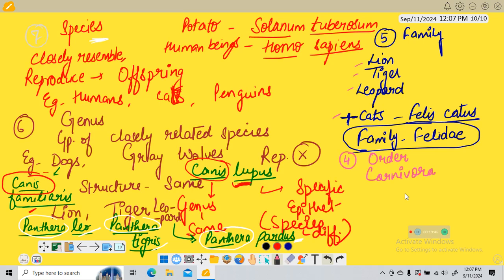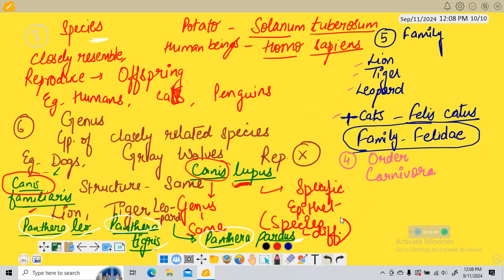So order and other higher taxonomic categories, they are identified based on the aggregates of characters. So order, the animal order, that's Carnivora. It includes families like Felidae and Canidae.